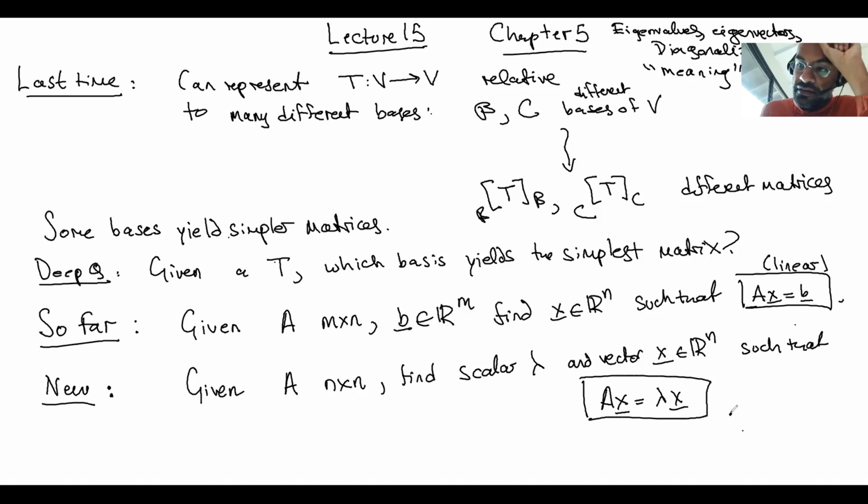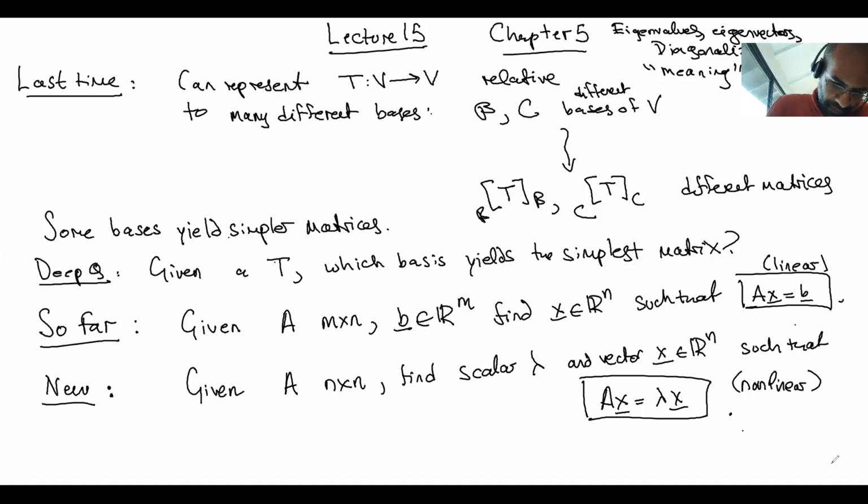So in this equation, the variables are both lambda and x. The only thing that's given is A. And I'm actually multiplying the variables together, so this is a nonlinear equation. This is not a linear system. Now, I'll motivate this in a second. I'll tell you why this is a sensible equation to solve. But eigenvalues and eigenvectors are the solutions of this equation.